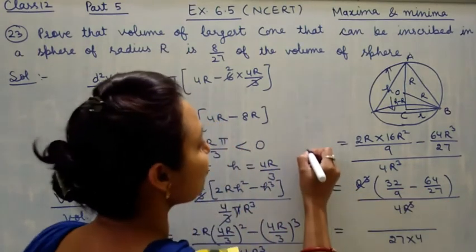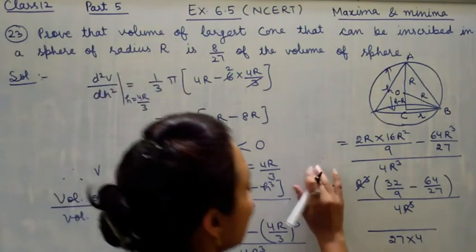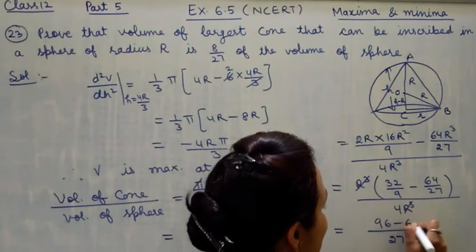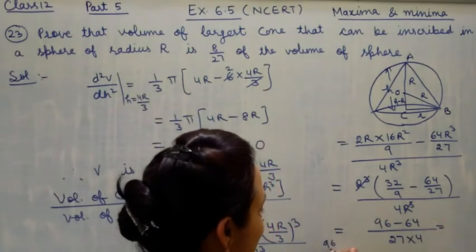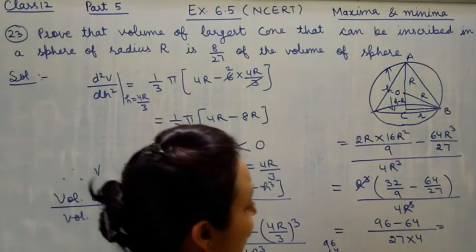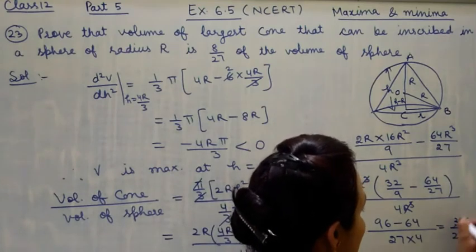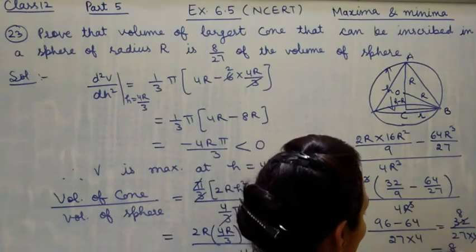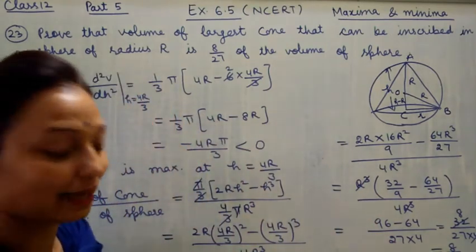So 32 3s are 96 minus 64. What is the answer? After subtracting, that is 32. 32 upon 27 into 4, that is 8. 8 by 27. So this is the way to find the answer.